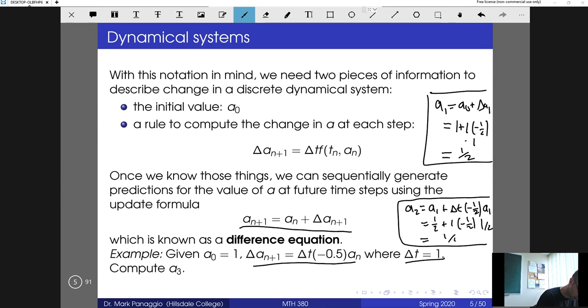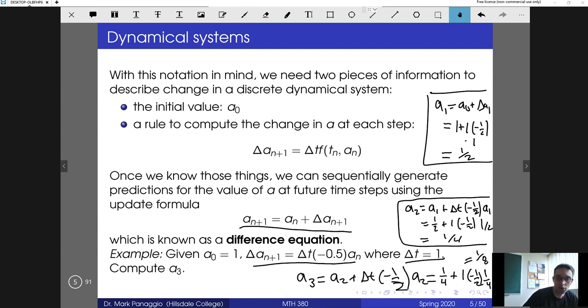So now we're going to be at 1/4, and we could do that one more time. a3 is going to be a2 plus delta t times negative 1/2 times a2, which is going to be 1/4 plus 1 times negative 1/2 times 1/4, and so now we're going to be at 1/8.